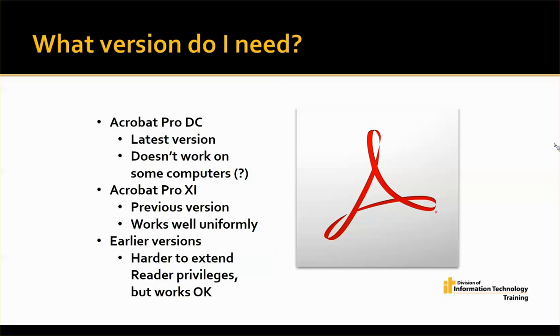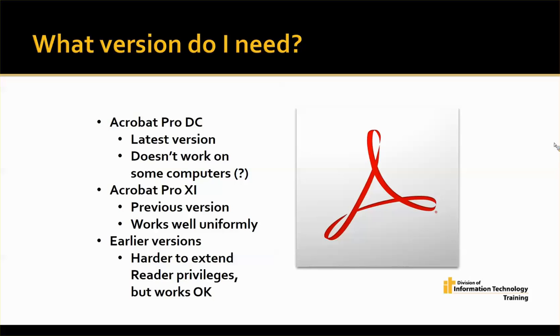And what version? We're using Acrobat Pro DC in this webinar. Most of what we're doing works the same way in Acrobat Pro 11, but the toolbars and tool panels have been updated, so you'll have a little harder time finding things. If you are using Acrobat Pro 11, you might benefit from watching a recording of our webinar, Create Editable Forms in Acrobat Pro 11, to see where the buttons and controls are located in that program.